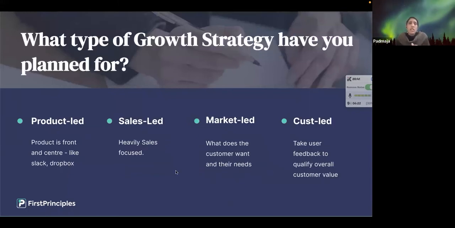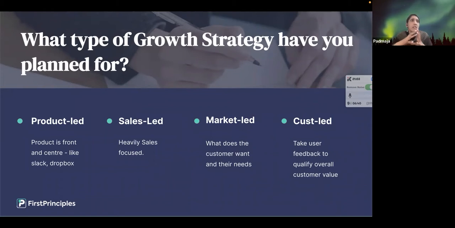And so what type of growth strategy? Since we will predominantly be talking about SaaS products, we all know all SaaS products come into a different growth strategy, right? Is it product-led? Is it sales-led? Is it market-led? Or is it customer-led? We all want to be product-led. All SaaS products want to be product-led. Why?